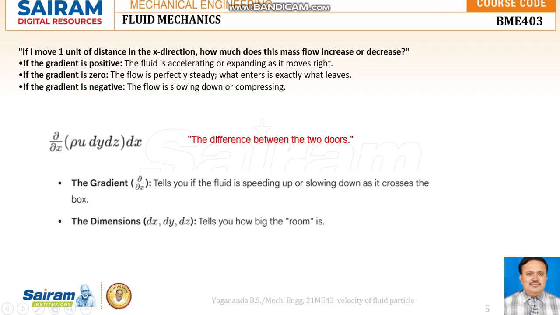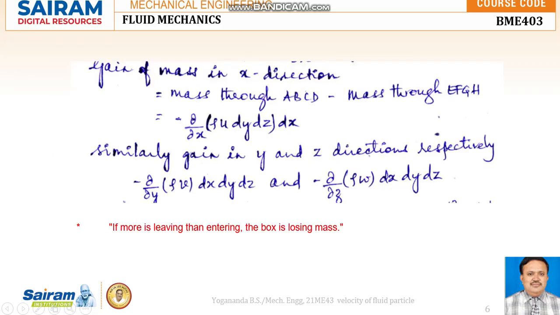Whatever mass enters the fluid element, the same amount of mass is leaving. If this gradient is negative, the flow is slowing down or getting compressed. So the gradient del by del x is telling you if the fluid is speeding up or slowing down as it is crossing the fluid element. The product dx, dy, dz is telling how big the room is.